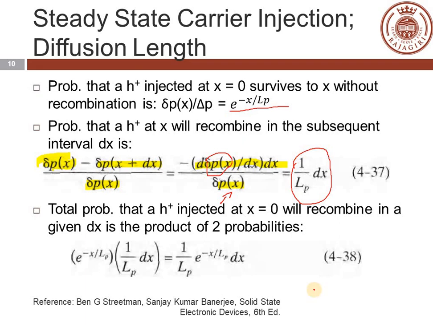Now we need to find the average distance a hole diffuses before recombining. So to find the average, we can use a mathematical function.